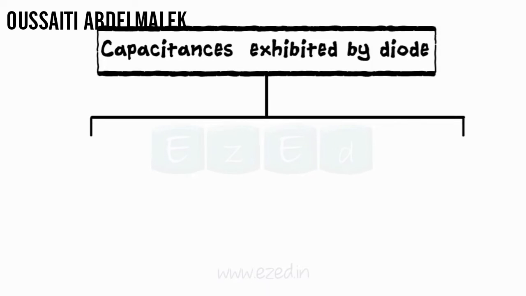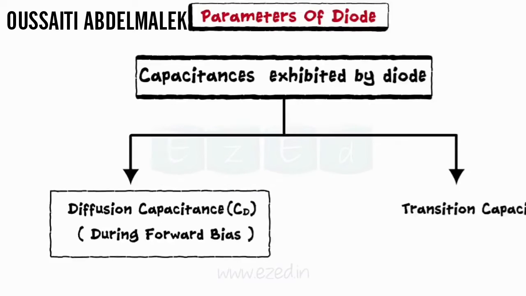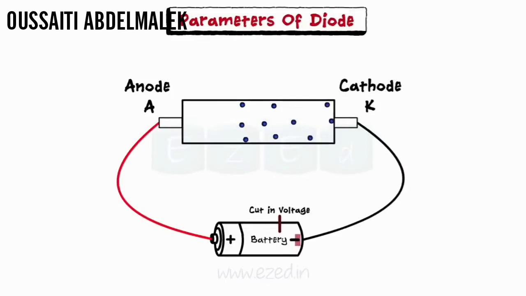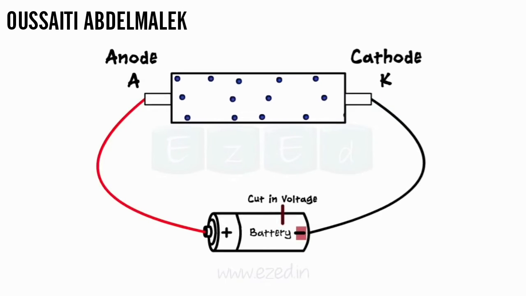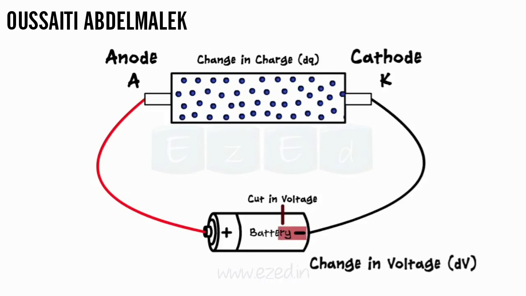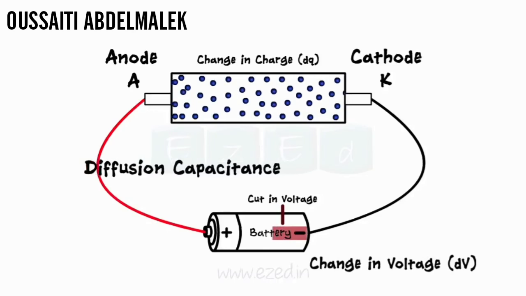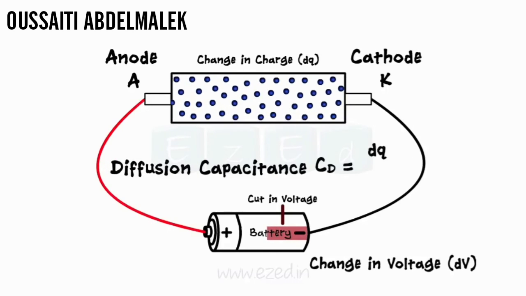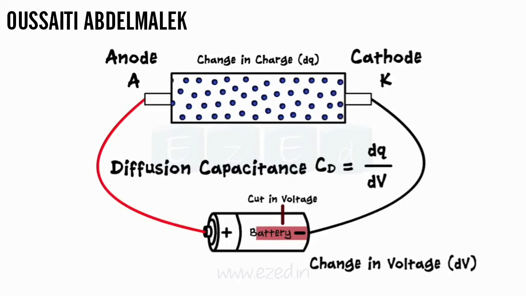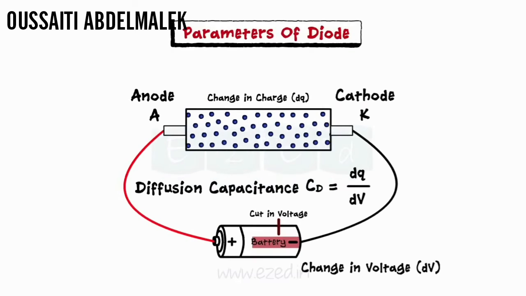During forward and reverse bias, the diode exhibits two types of capacitances: diffusion capacitance and transition capacitance. During forward bias, free electrons from the N side cross over to the P side, resulting in a change in charge. This motion of electrons depends upon applied voltage. Therefore, diffusion capacitance is defined as the change in charge due to change in voltage during forward bias operation of the diode.